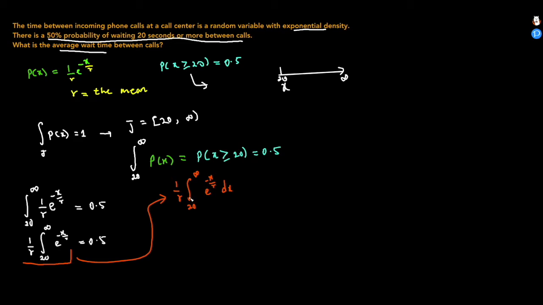Remember it's dx because r is a constant, so we are integrating with respect to x, the variable we're interested in. So how do we go about integrating this?